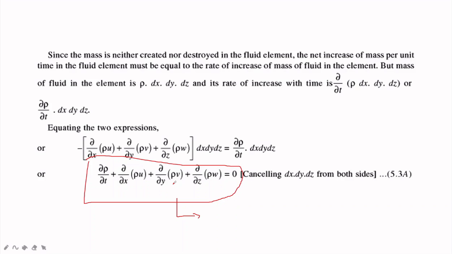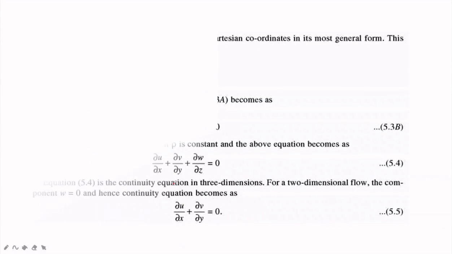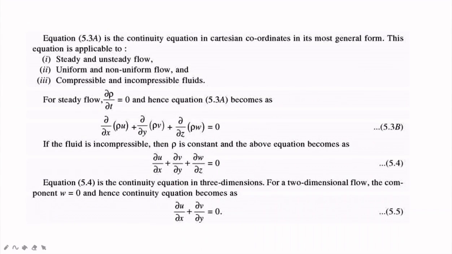What is steady flow? ∂ρ/∂t is equal to 0. It will not change with time. See, this is the continuity equation in Cartesian coordinates. For steady flow ∂ρ/∂t is 0.